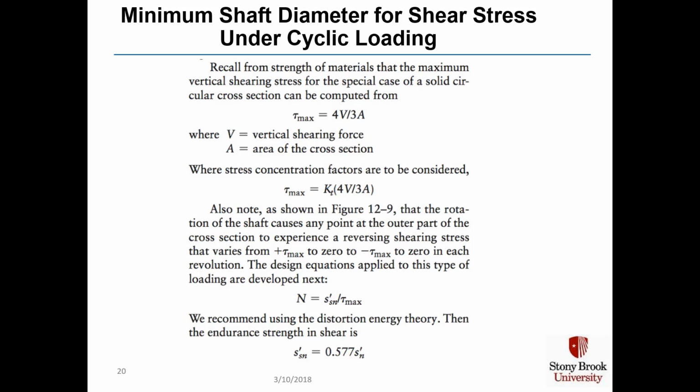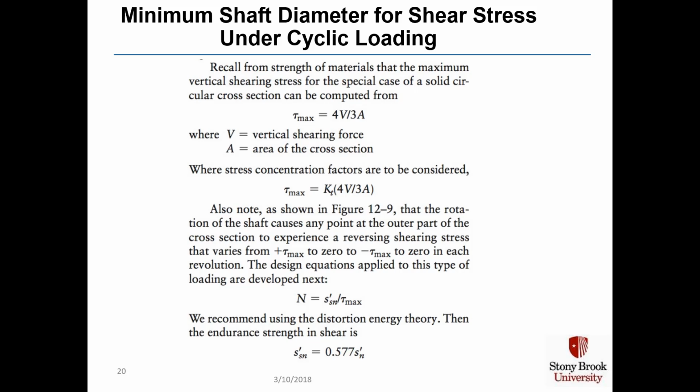Now, a familiar equation here at the top of the slide is that under constant torque, your tau max is just 4/3 of the vertical shear force divided by the cross-sectional area. But now we also have to worry about stress concentration. If you have stress concentration, you multiply tau max by K sub t times 4V over 3A.